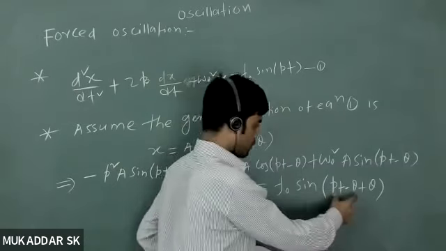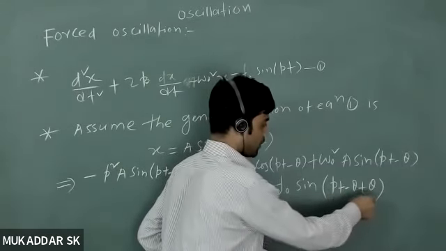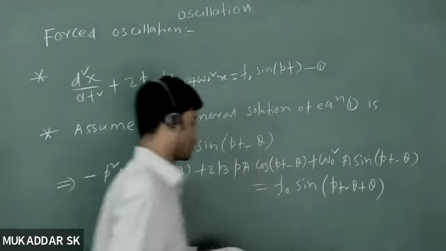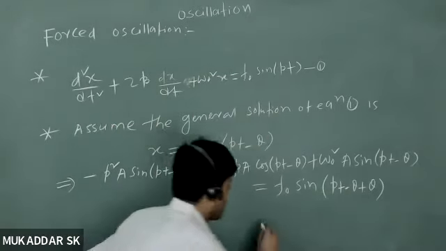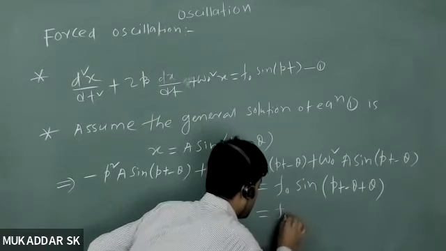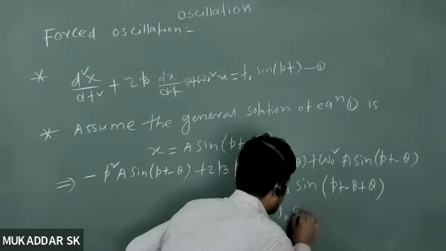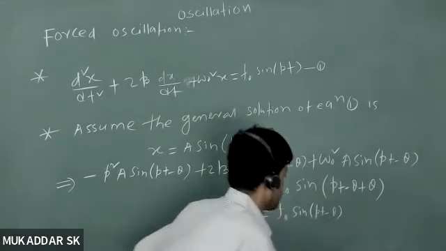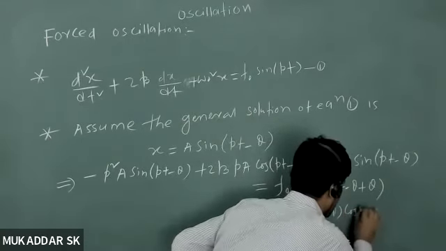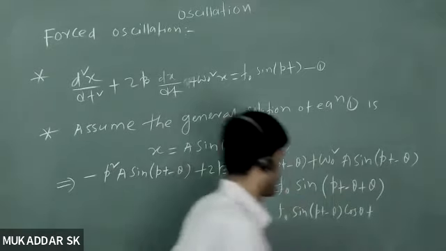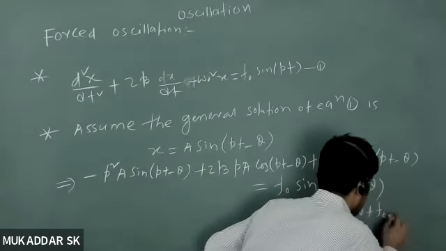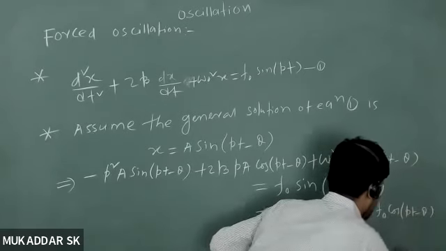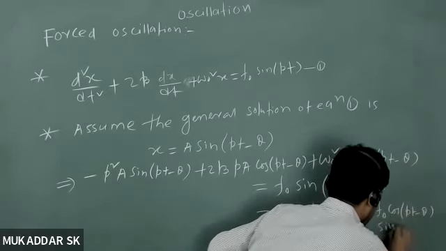Now I'll assume pt minus theta is A and theta is B, so sine of A plus B. Using sine A plus B, I get F naught sine of pt minus theta cos theta, plus F naught cos of pt minus theta sine theta.